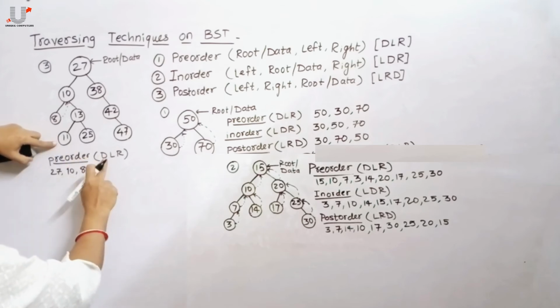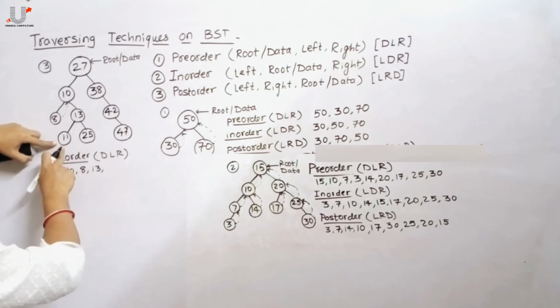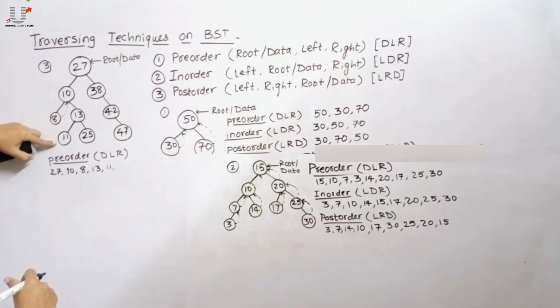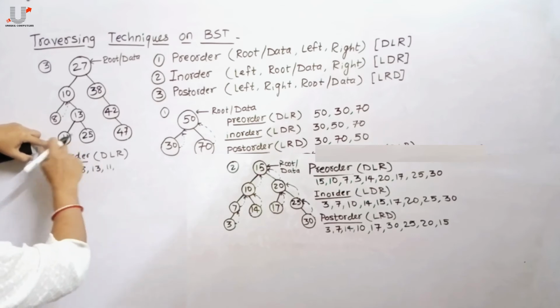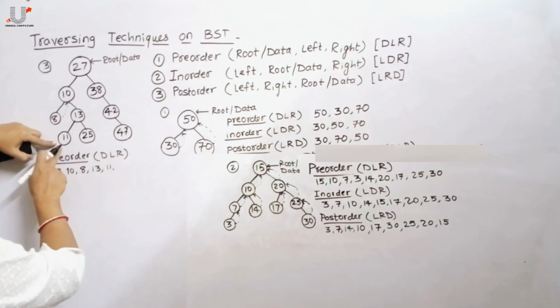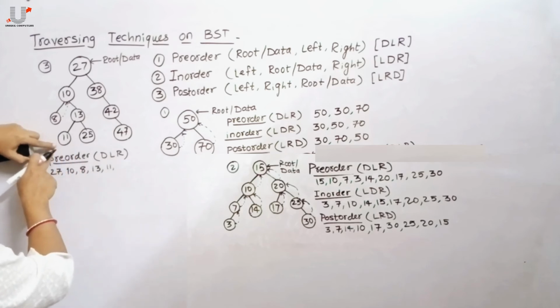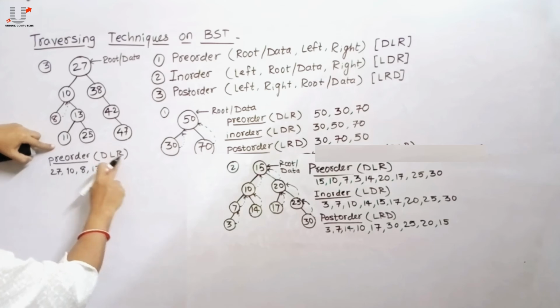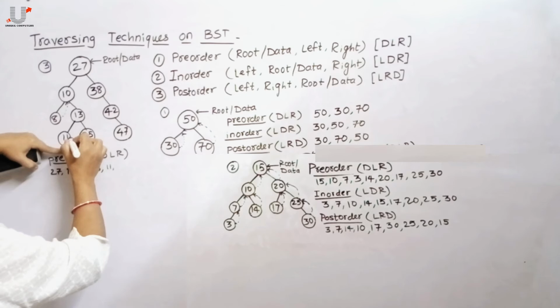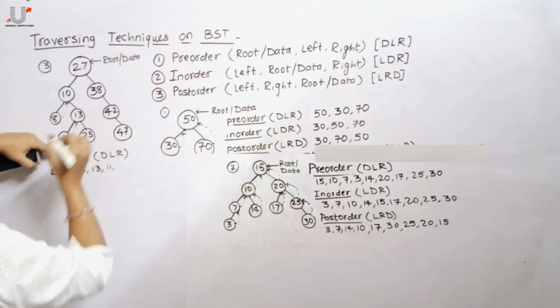So again apply DLR for this 11, data gets processed, that means 11 is displayed onto the monitor. Then the control will transfer to its left subtree; as no left child is present, it will check for the right subtree of 11; as no right child is present, the control will transfer to 13.